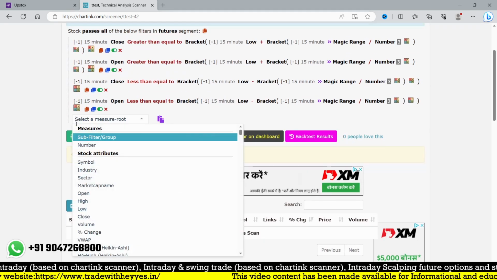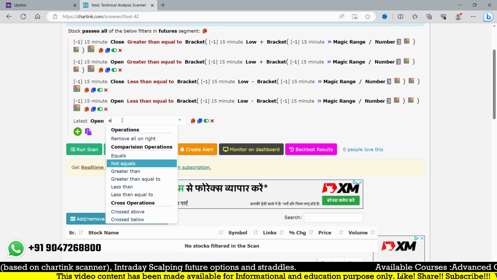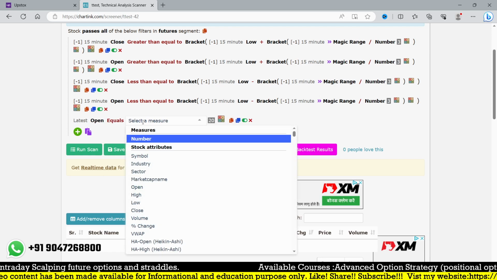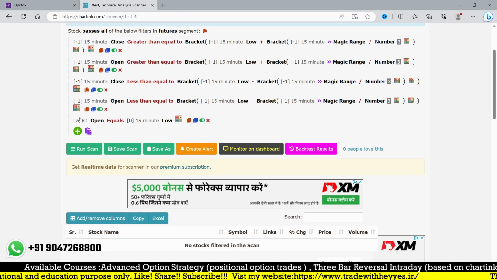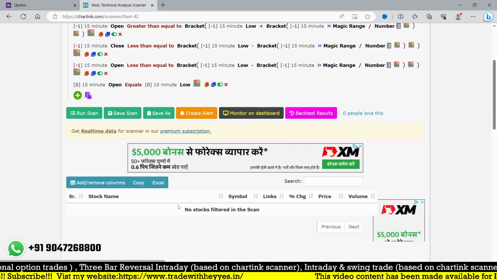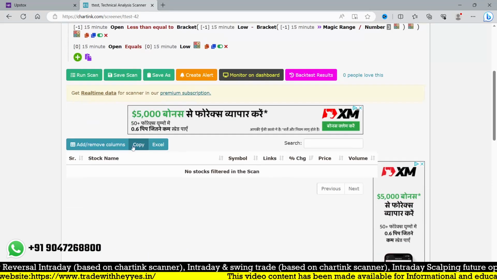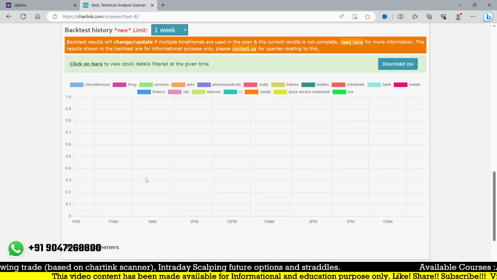So we can add the candle. Open. We can find out any. Why are no stocks shown here?